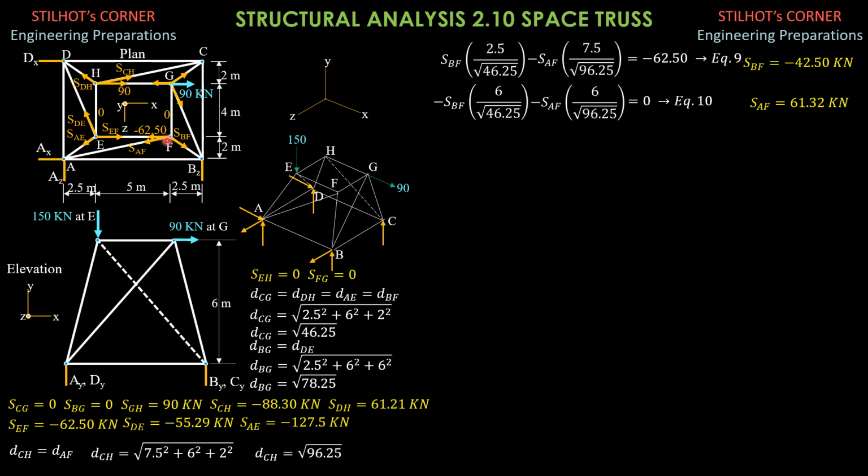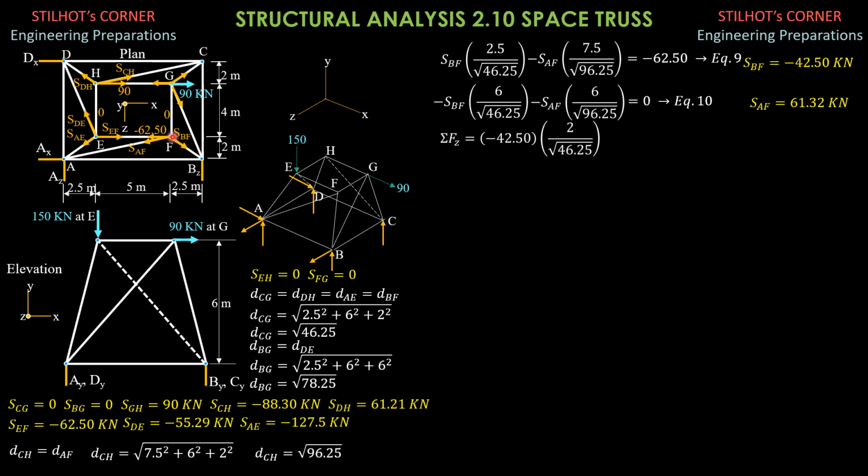So after joint B, we proceed to joint C. Let's check by summing up. Let's use this static equation at F. Summation forces along Z equals 0. In the positive direction BF, but the sign is negative 42.5, so times 2, Z component of distance over distance, square root of distance, over distance.